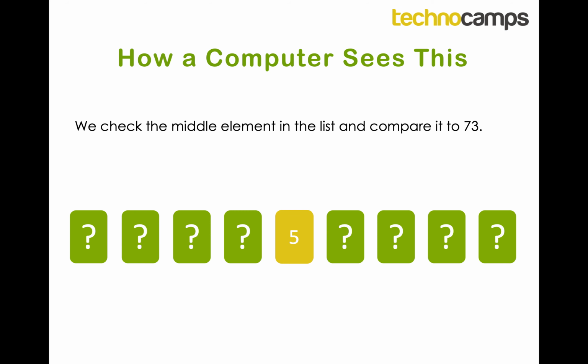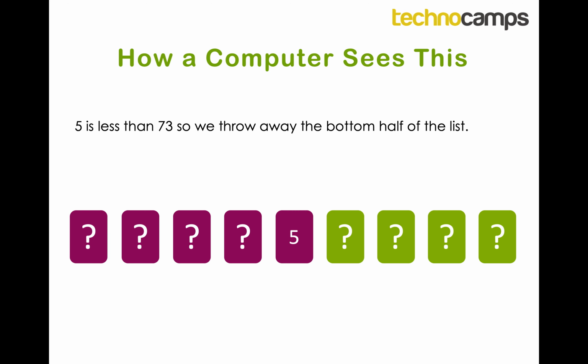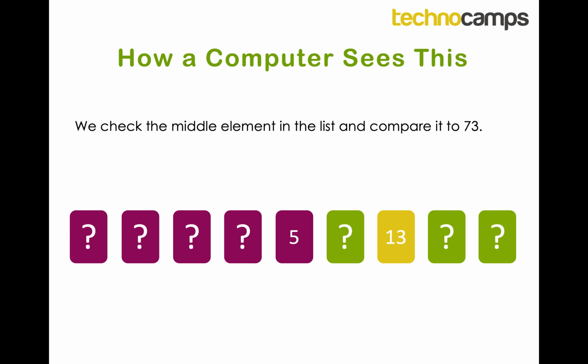So 5 is the middle element, and we check if 5 is less than 73. It is less than, so we have to look for numbers greater than 5. So we ignore all the ones to the left of 5, and 5 is not equal to 73 either. So we ignore all the ones that are in red.